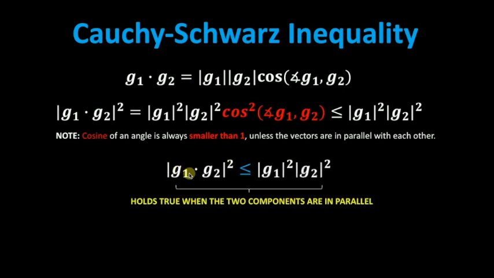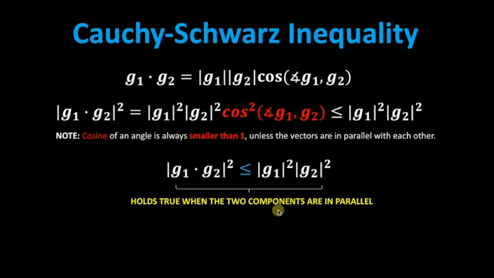Now, we can conclude that using the Cauchy-Schwarz inequality, if we take the magnitude square of the dot product between two vectors, it is always less than or equal to the magnitude square of g1 multiplied by the magnitude square of g2. This holds true, or this will be maximized, if the two components are parallel.